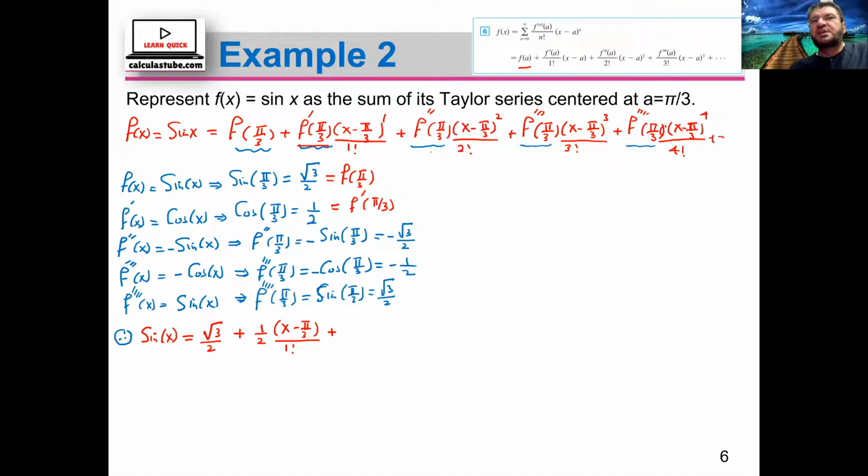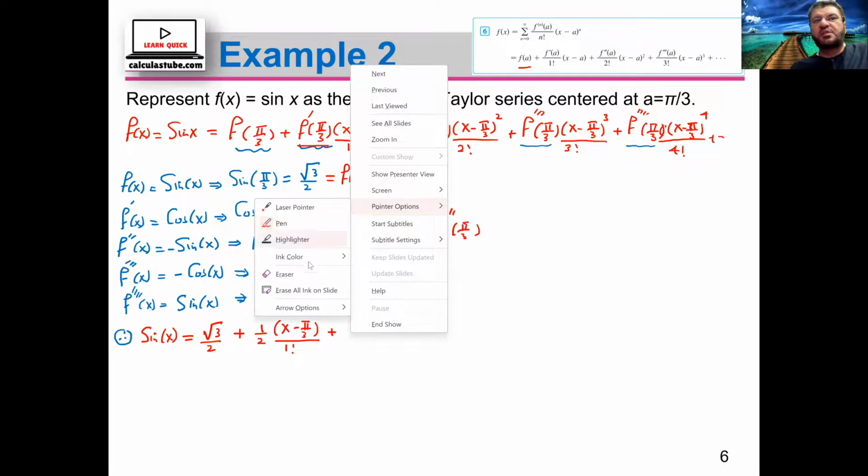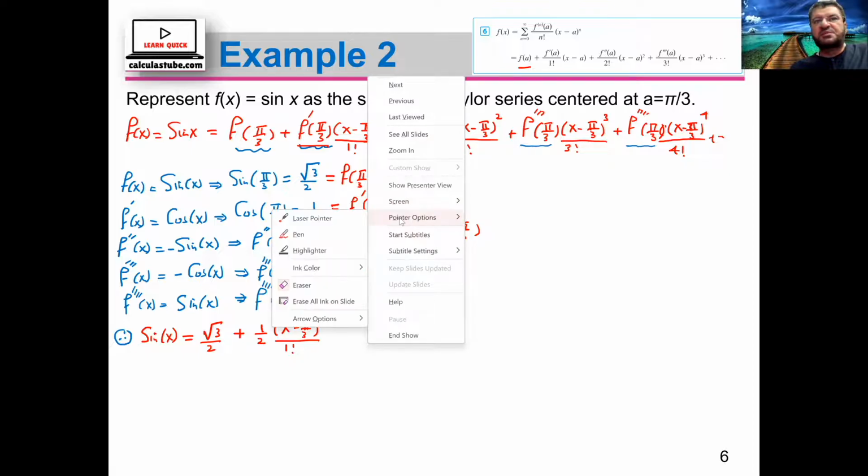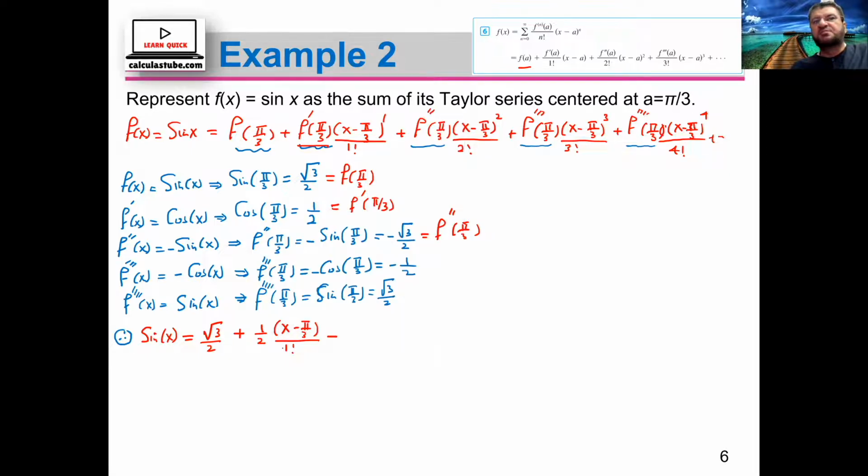Plus, the next one is f double prime at pi over 3, which is going to be minus square root of 3 over 2 times x minus pi over 3 squared over 2 factorial. Now, the next one is also minus.